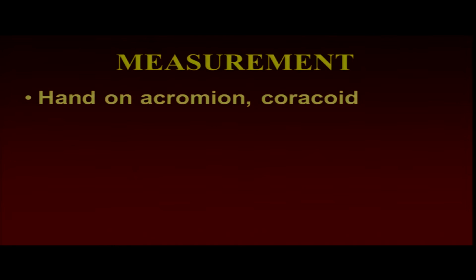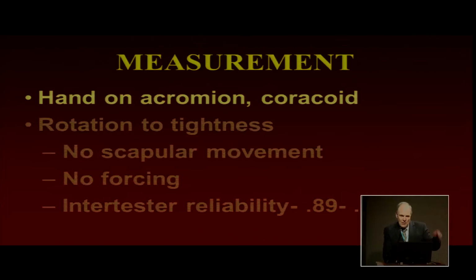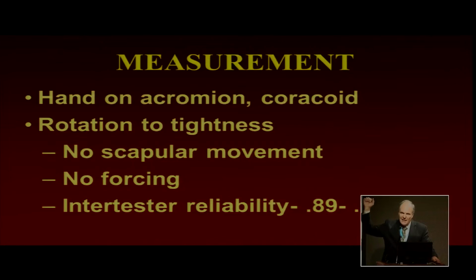So you measure it. You have to stabilize this, a two-person measurement. You have to stabilize the acromion and coracoid by one person, and then you rotate to what we call tightness. It just goes to where it's tight, right there. You don't take it beyond tightness. No scapular movement, no forcing, and the reliability is quite good.